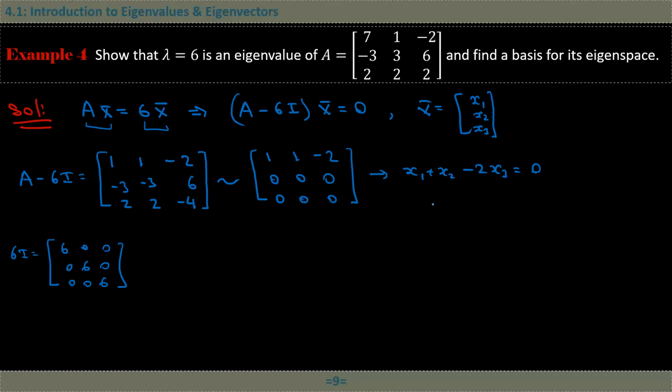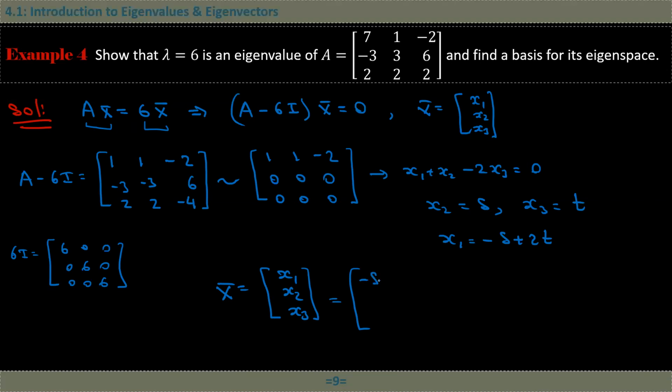Let's say x2 equals s and x3 is equal to t. Then what will be x1? x1 will be minus s plus 2t. So now if you write the vector x, it has x1, which is minus s plus 2t, x2 is s, and x3 is t.